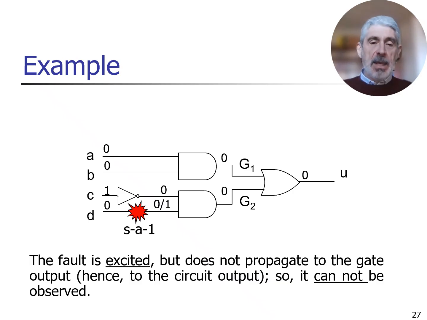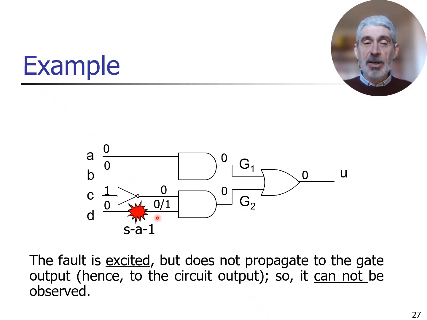Why is it not feasible? Because the lower AND gate, which I'm highlighting, has the other input forced to 0, and hence its output, G2, is forced to 0 in any case.